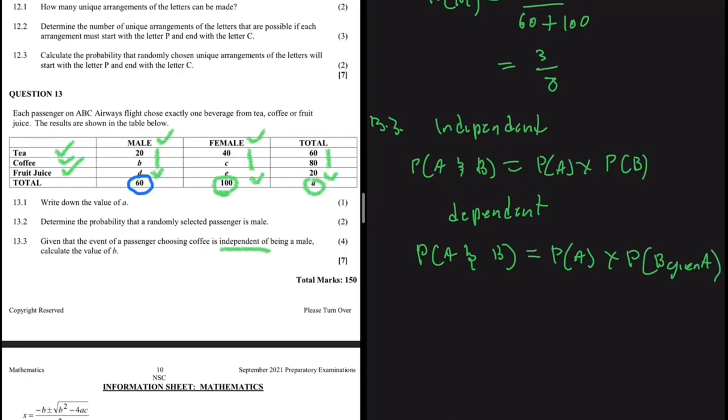So here we have an independent event, so we're going to stick to this. But if we had a dependent event in a different situation, then you do what we say in here.